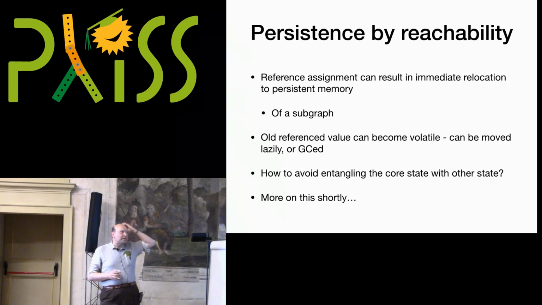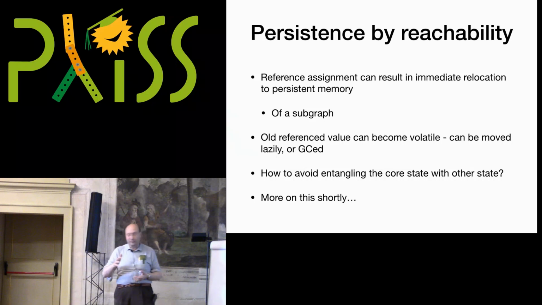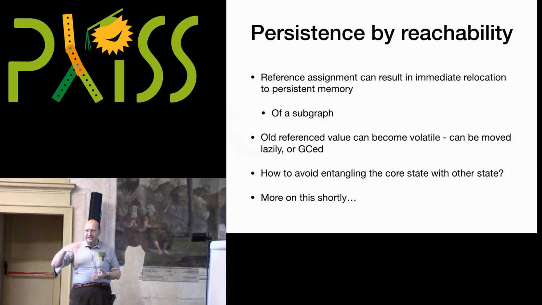But one of the problems with persistence by reachability is that a single reference assignment can result in arbitrary amounts of data suddenly becoming persistent that were volatile, and in principle, arbitrary amounts of persistent stuff really being volatile because they're not reachable from the persistent roots.